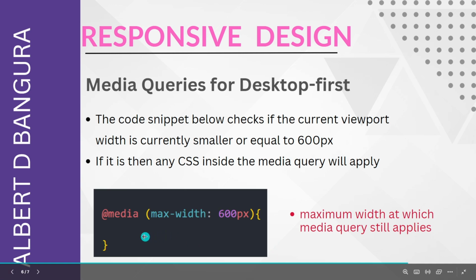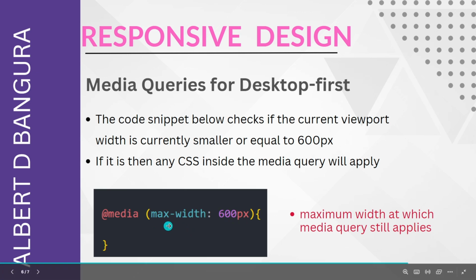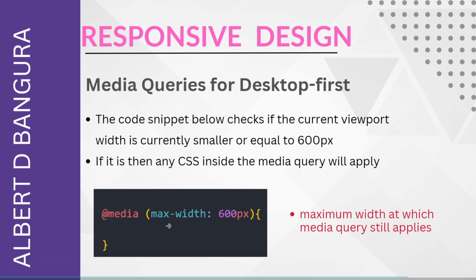For instance, if we are changing the color of a particular text, by writing max width 600 pixels, we are saying only apply that color if the width of the device screen viewing the site is 600 or smaller.